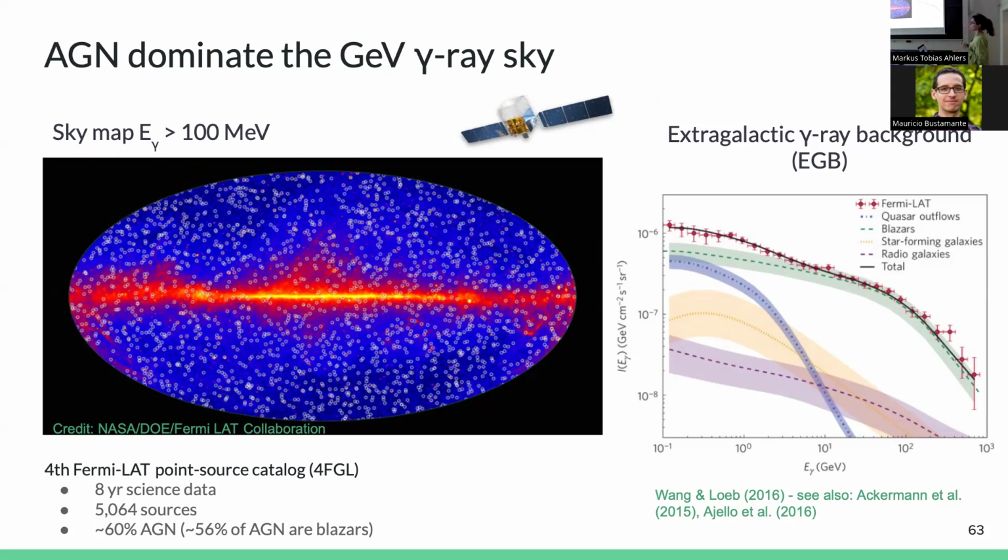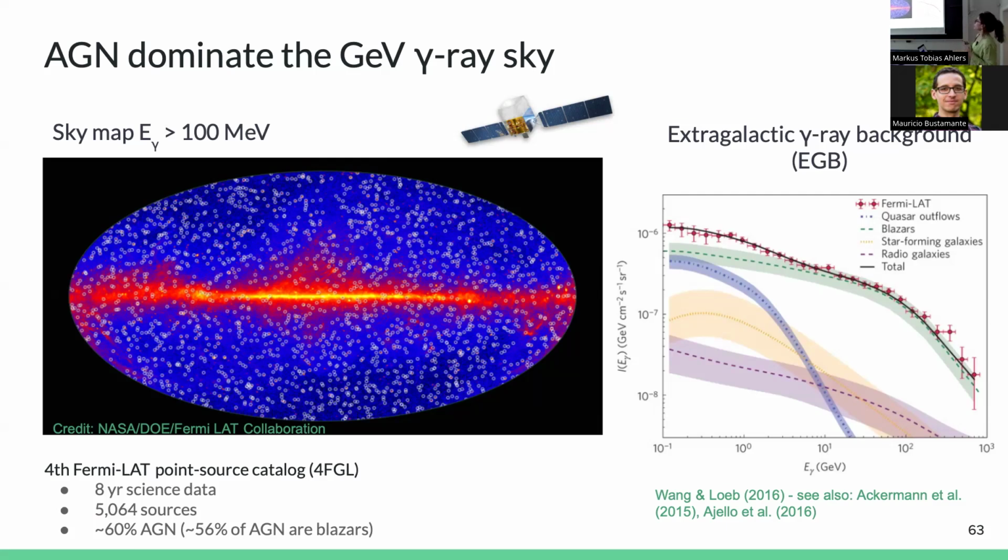What is also very important to note is that if you take the gamma ray emission and you subtract all the point sources from that emission, you are going to end up with what we call the extragalactic gamma ray background, which is composed of truly diffuse gamma ray emission from the universe, plus all the other gamma ray sources that are not being resolved because Fermi has a given sensitivity.